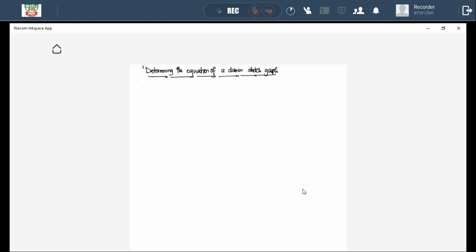I'm going to start with the first one, which is the equation of a drawn linear graph or straight line graph.